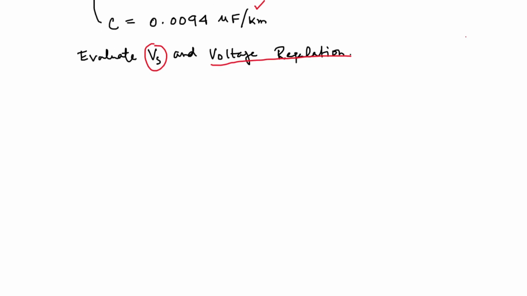So we have that well-known equation, that is Vs is equal to A VR plus B IR.